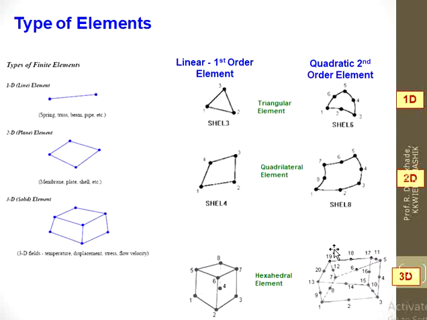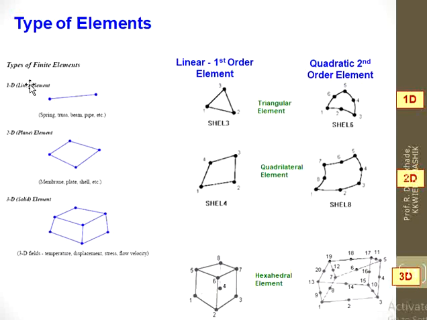The element can be of different types depending upon the discretization process. In general, the different types of element are 1D, 2D and 3D, or maybe some type of axisymmetric or rotating element. We'll discuss only 1D, 2D and 3D.